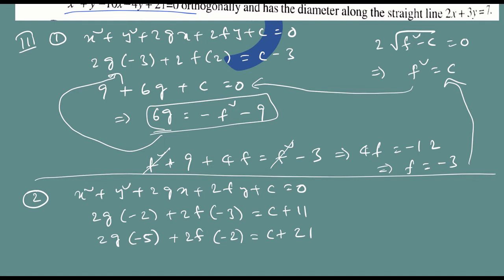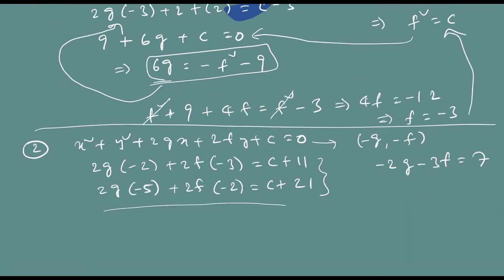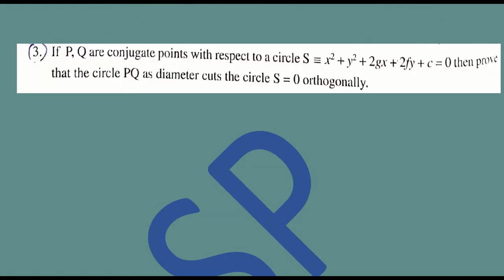Diameter is along the line means obviously center of this circle lies on that line, so it satisfies. Substituting, I'll get minus 2g minus 3f is equal to 7. So solve these three equations now. If you simply subtract one from the other, you will have one more equation in f and g. So that equation whatever we get, and this one we solve for the values of f and g, rest is obvious. Okay, let's go to next problem.